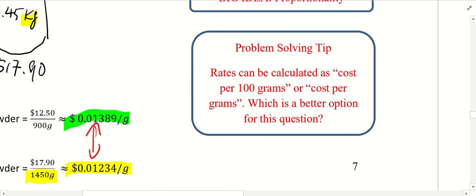Can I choose per 100 grams instead of per gram? That means I compare what is the cost to buy 100 grams of the milk powder across both the cans. Can I do so? Answer is yes, definitely you can do so, and the numbers will be way easier to calculate. But you must be careful, how do I calculate per 100 grams?